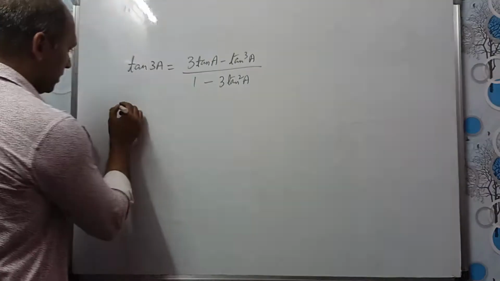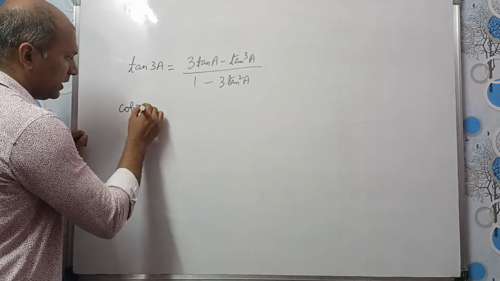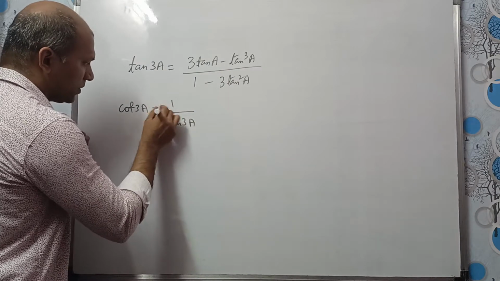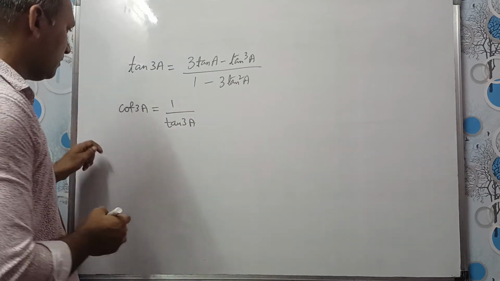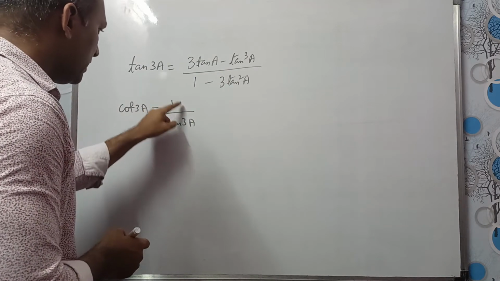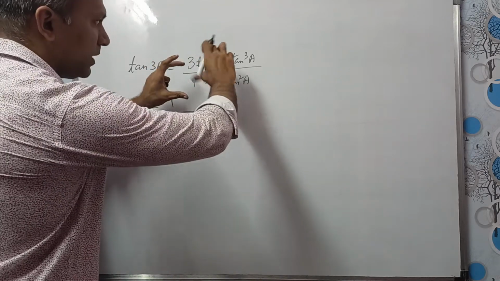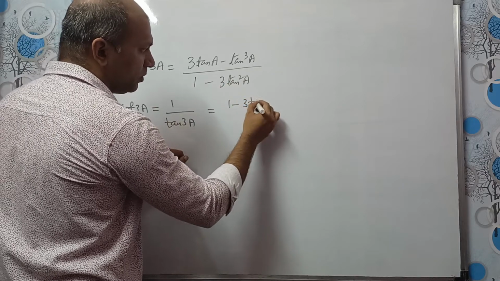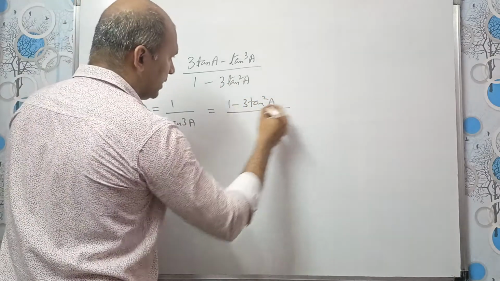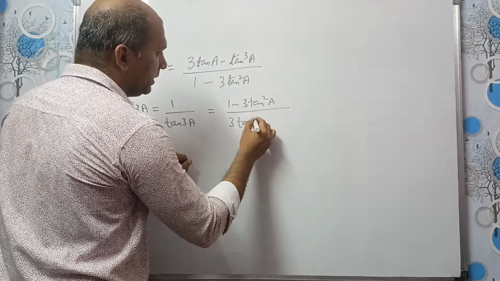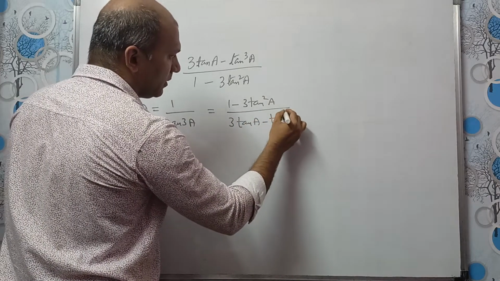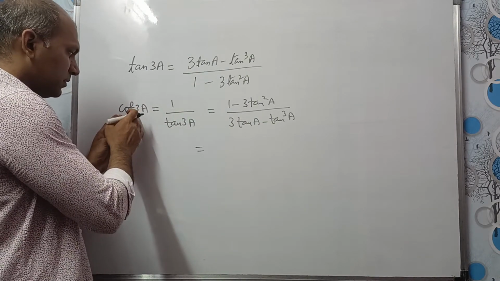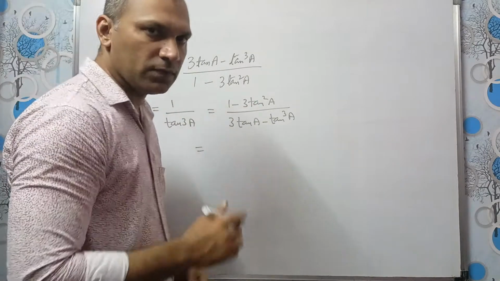See, we know cot 3A is 1 by tan 3A, right? Because cot theta is 1 by tan theta. So cot 3A we can write as 1 by tan 3A. So this will become reciprocal, right? This denominator we can write in the numerator like this, divided by 3 tan A minus tan cube A. So let us write this in terms of cot only, right?